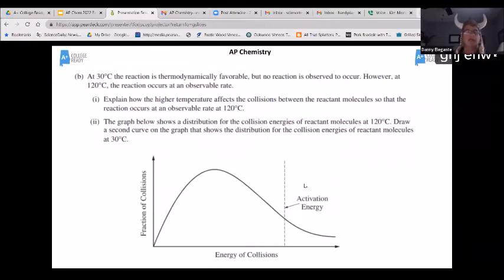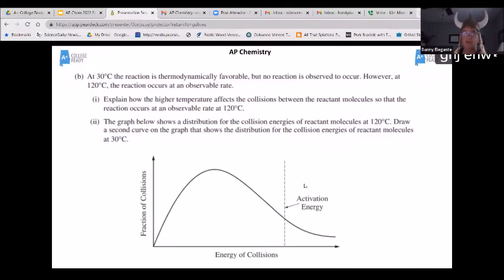All right, at 30 degrees, the reaction is thermodynamically favorable. Now, for some of you, you may not have seen that term yet. Maybe you're just now starting Unit 9, totally okay. Thermodynamically favorable means the reaction should happen if you get the activation energy taken care of. So you've done kinetics.